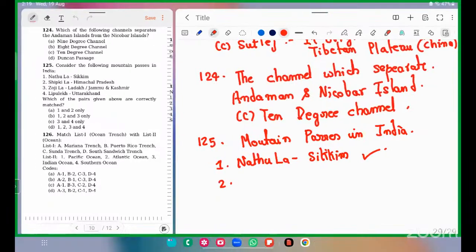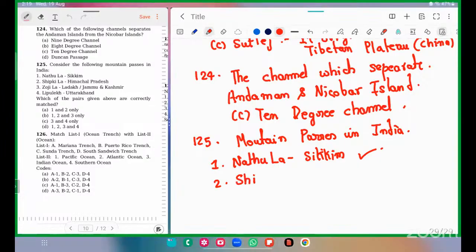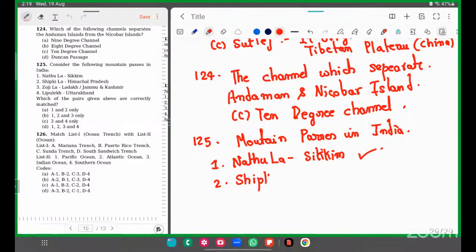Second, Sipkila, Himachal Pradesh, which is also correct.